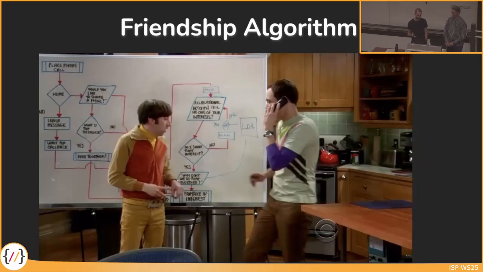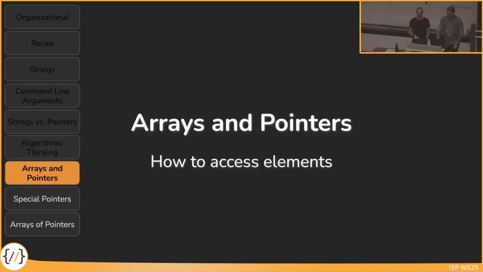So that's basically the perfect way to start an algorithm, and then we can implement that. I don't know if it's the most efficient one, but I think it worked in the series. Yeah, so why not?